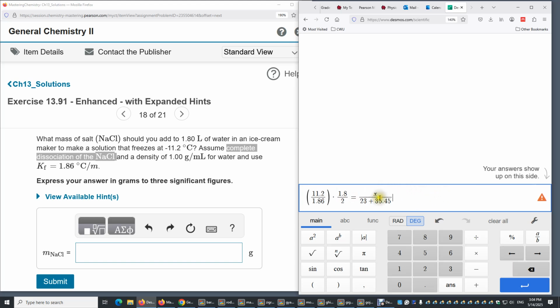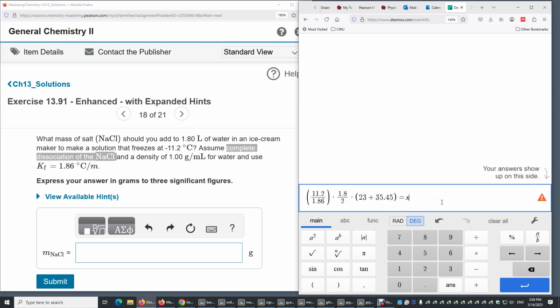We got this. And then both sides multiply by the sum of the sodium 23, the chlorine 35.45. So I just copy paste here, and that's going to be the value of X.